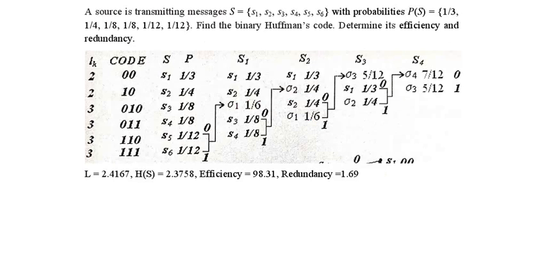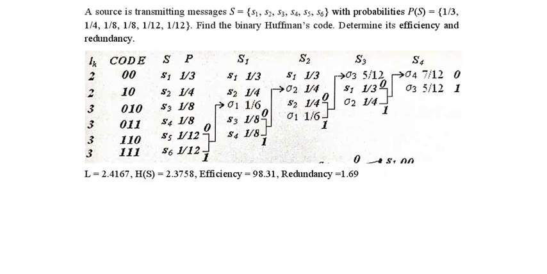Efficiency and redundancy. So first we write all symbols S1 to S6 and their decreasing probabilities. Now again the least two symbols we are combining, 1/12 and 1/12. If I combine, it will be 1/6, and 1/6 is greater than 1/8.